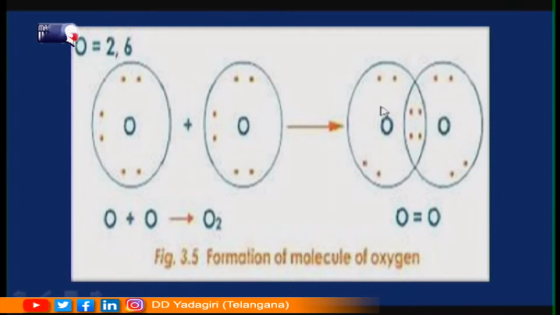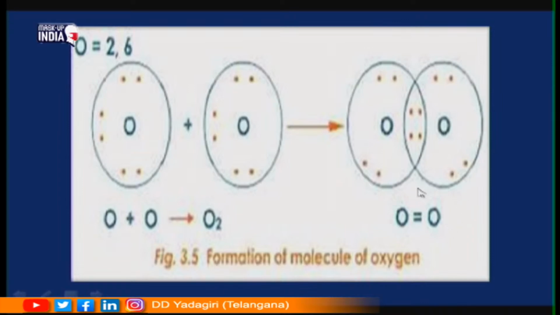That means, each oxygen atom is contributing a pair of electrons to attain octet configuration, and thus they are sharing 2 pairs of electrons. And when 2 pairs of electrons are shared, there is a double bond formed, because a covalent bond is formed when one pair of electrons is shared. Then here, when 2 pairs of electrons are shared, 2 covalent bonds are formed between 2 oxygen atoms. So, this bond is called a double bond.